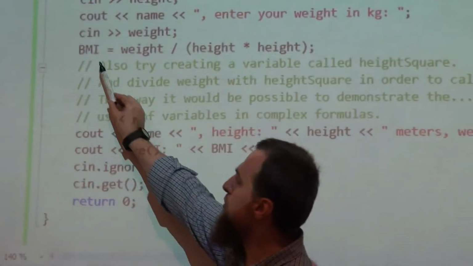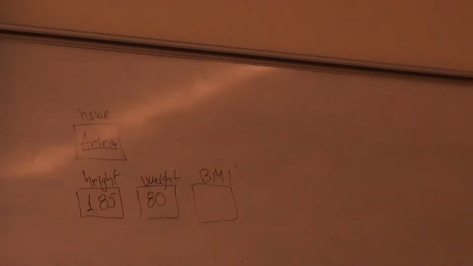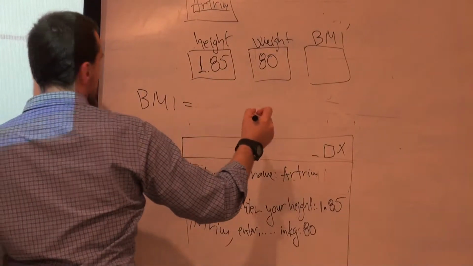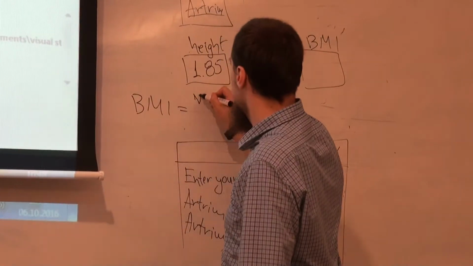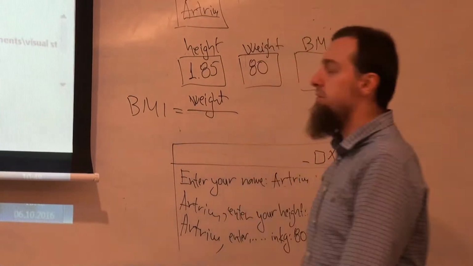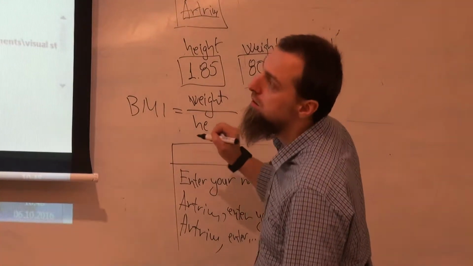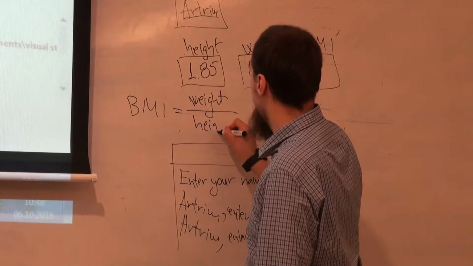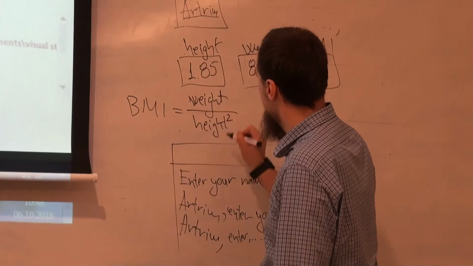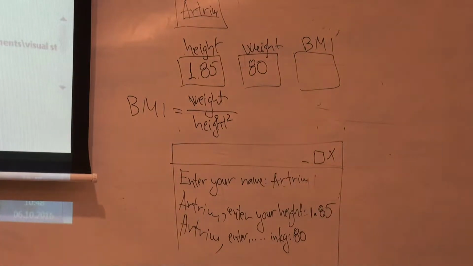Afterwards, I'm doing some calculations. So the BMI index is calculated. Weight, this is the formula for it, divided by height squared. If some of you is going to study medicine, we'll deal with BMI.